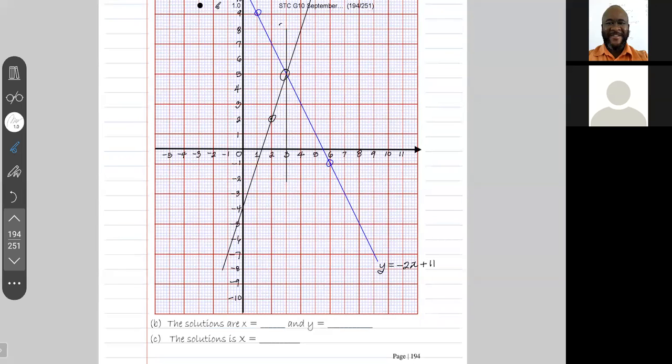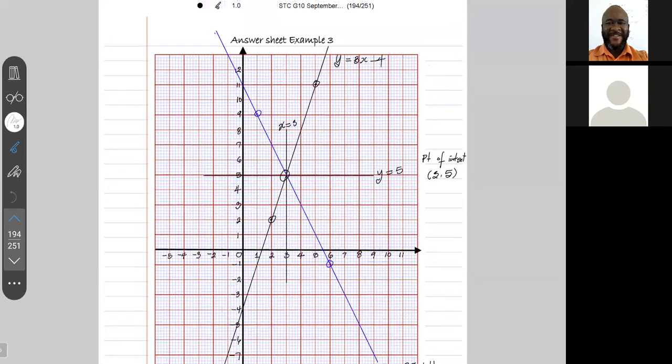So this is x is equal to 3 and y is 5. So the point of intersection is the point 3, 5.